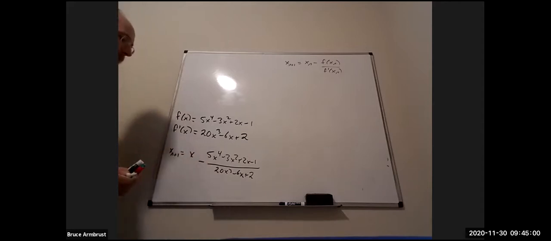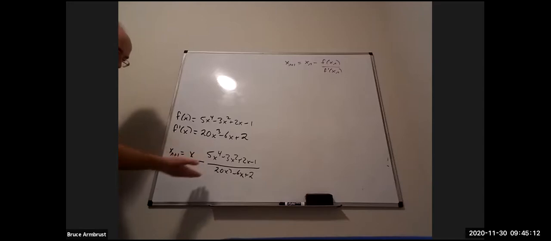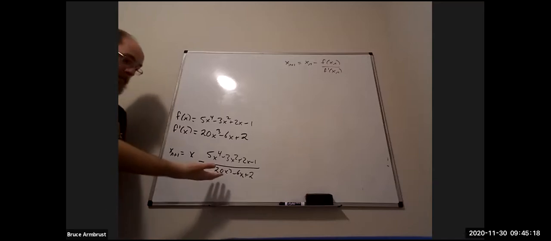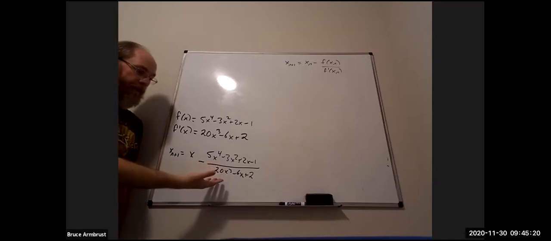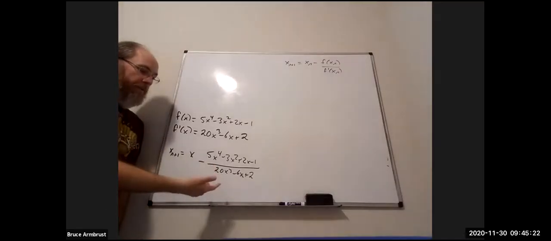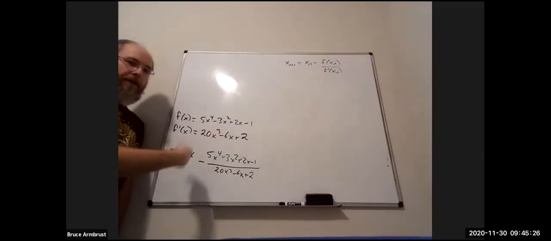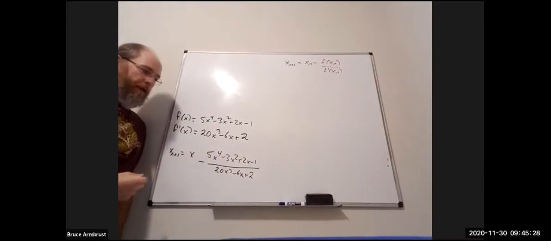All right, so there is the formula that we're going to use. Like before, we can get a common denominator if we want, but I'm not going to bother. I'm just going to leave it like this. This is what we're going to take our guess and plug in. And then once we get the new number, we'll plug it back into this, and take that new number and plug it back in, plug it back in, plug it back in.